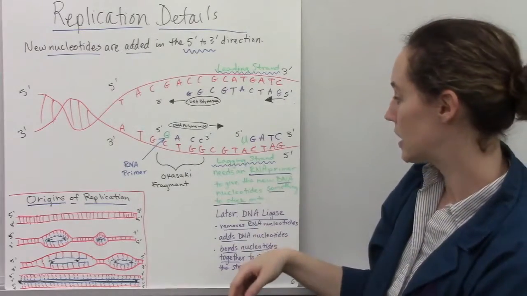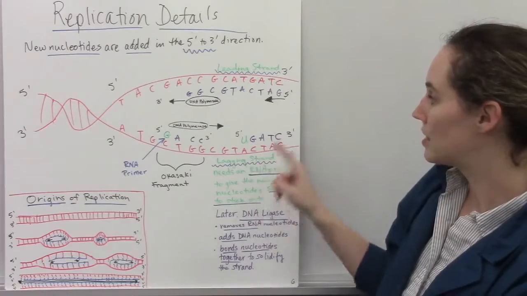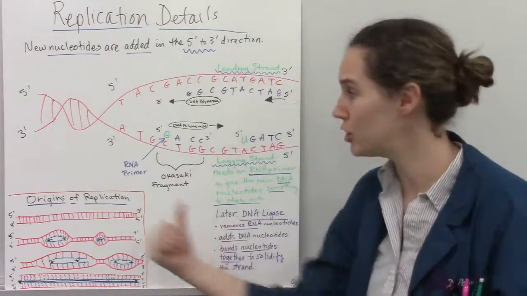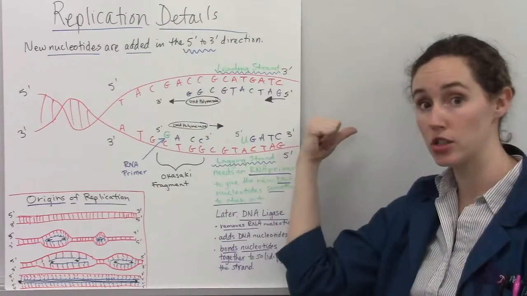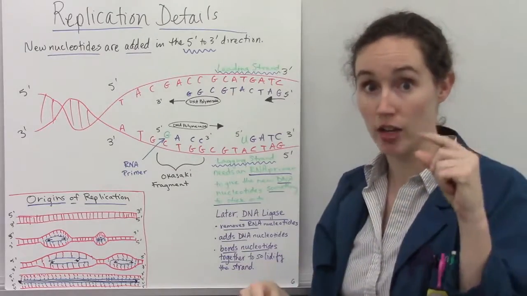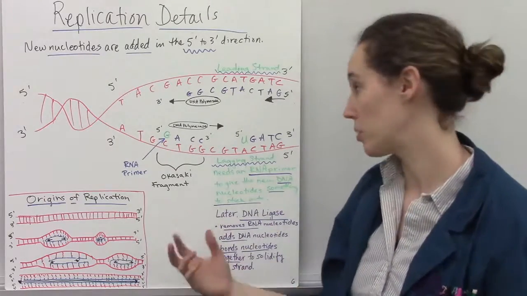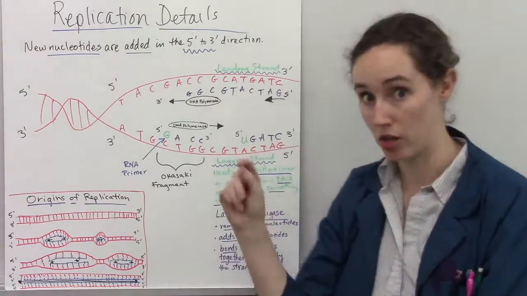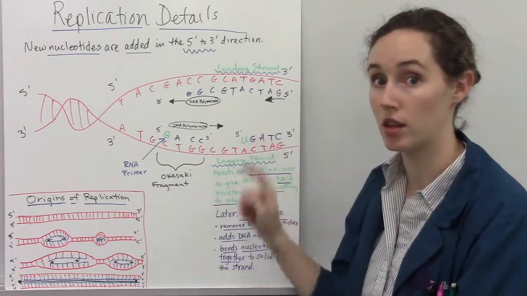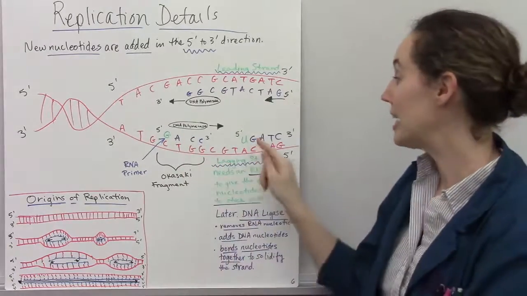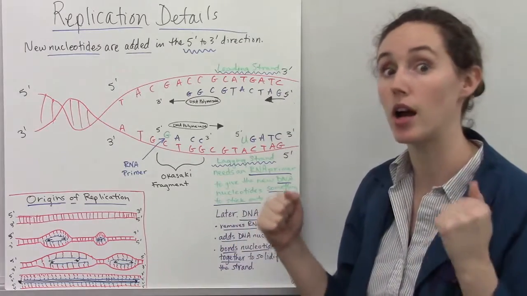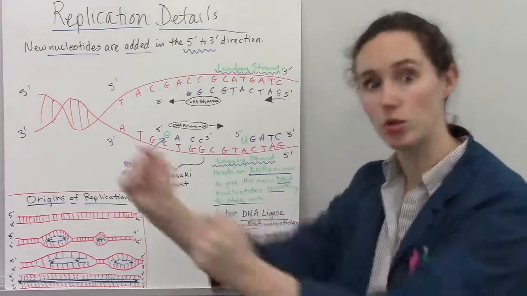But what happens is, since there's no 5' anything to add to when you're coming in this direction, there's a little piece of RNA, an RNA nucleotide called an RNA primer, and I've written these in green on here, and it will attach to one point on the open strand, sort of giving the DNA nucleotides a home base. It gives them a 5' end to build from.